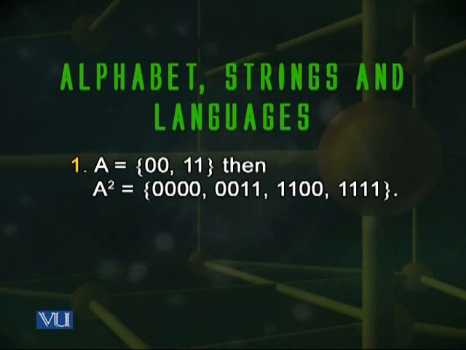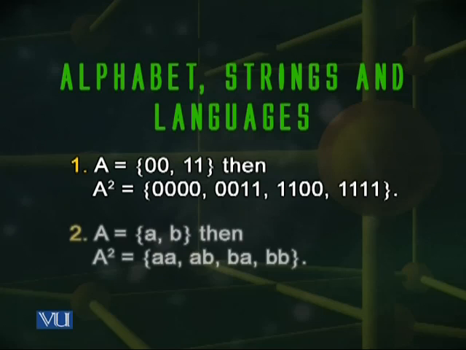Then A to the power 2 is going to be the set of strings which consists of 0000, 0011, 1100, and 1111. If the set A consists of A and B, then A to the power 2 is going to be AA, AB, BA, and BB.